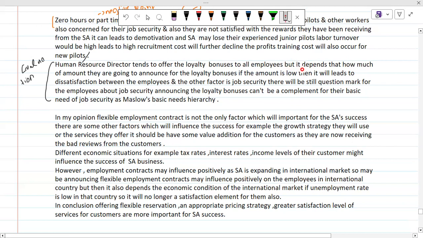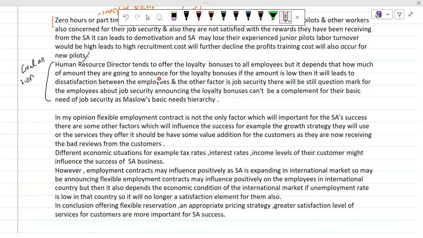Okay, so now I am going to read my point again. It depends how much amount they are going to announce. They are going to offer the loyalty bonuses to employees, but it depends on how much.